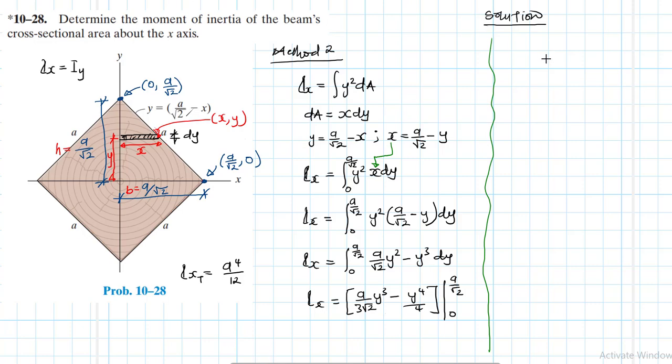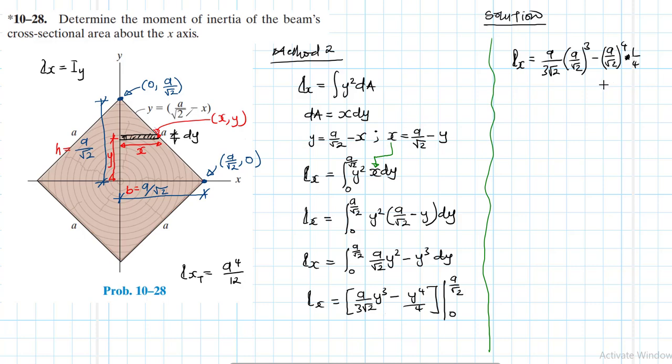Then we evaluate this, therefore, moment of inertia about the x-axis will be equal to a over 3 root of 2 times y there, which will be just equal to a over root of 2 to the power 3, then minus a over root of 2 to the power 4 times 1 over 4.